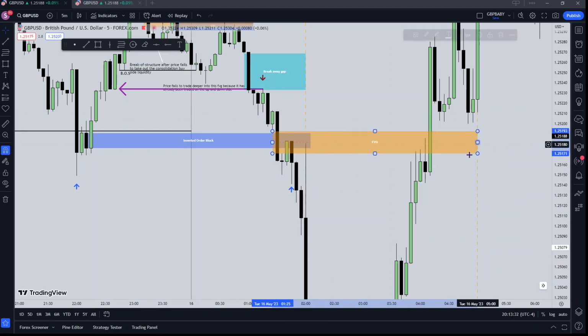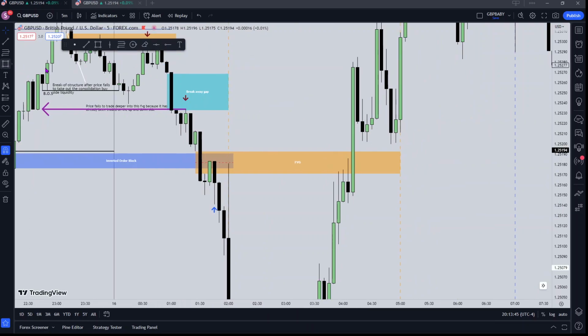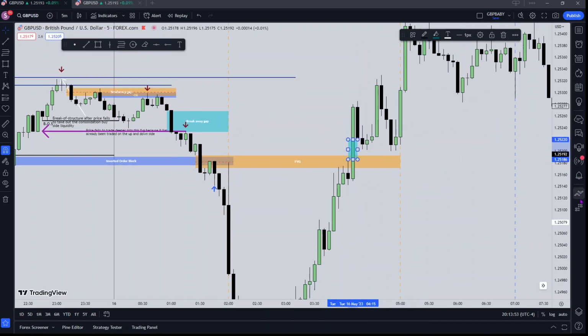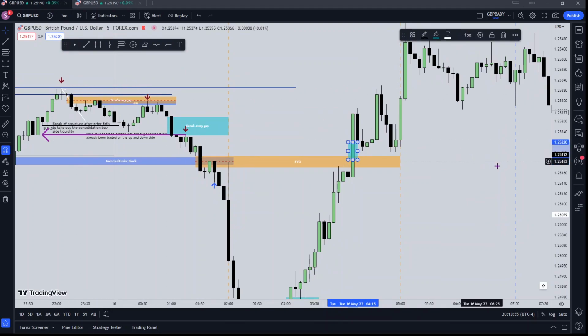So this is an entry, and my stop loss in this circumstance would be 50% of this. Enter in here, and then let go above this buy side liquidity.